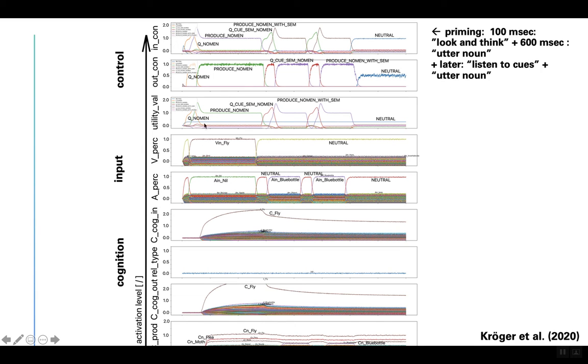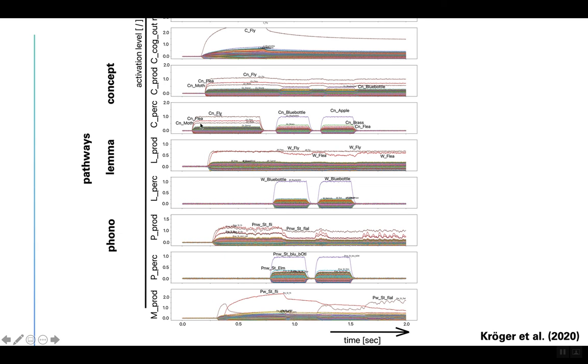To be very short, here we have the word fly, which is activated visually, and the word fly is co-activated here on the production level, but on the lemma level, because of the lexical access problem, a second word is co-activated.